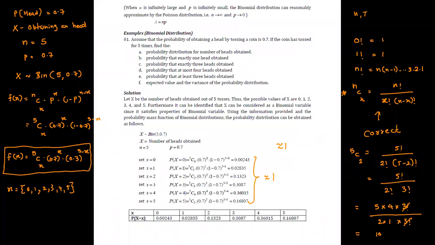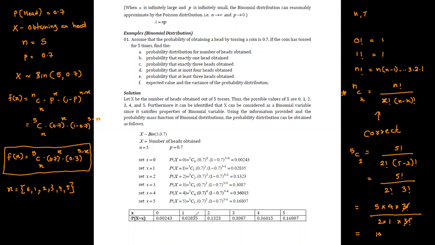In the second part, it is asking the probability that exactly one head is obtained. Now there is no need to go for further calculations, because you have already identified the probability value where x equals 1. Where x equals 1, we are getting the probability as 0.02835.